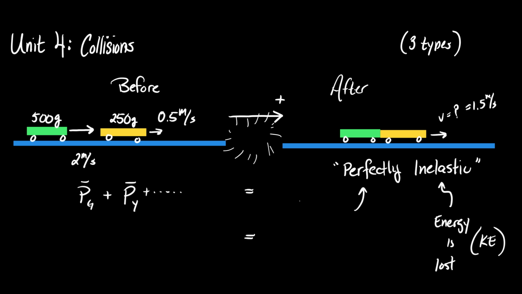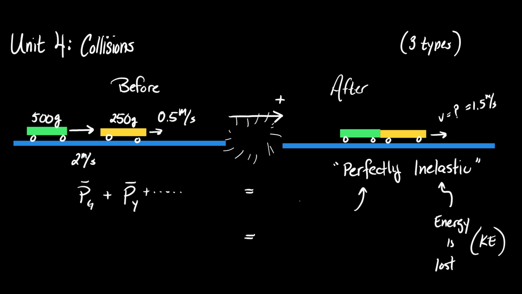So the word perfectly here doesn't mean there's anything perfect about them. It's just that they have a lot of loss of energy, perhaps a maximum loss of energy in a perfectly inelastic collision. So they don't have to tell you the objects stick together. They can use the vocabulary word instead. And you're to note that because it says perfectly inelastic, the objects stuck together.